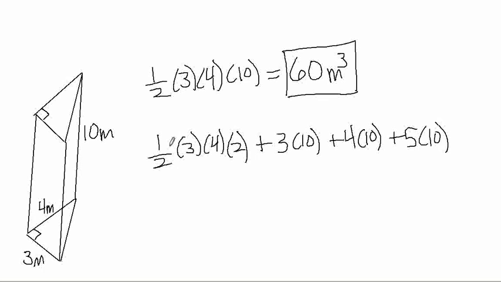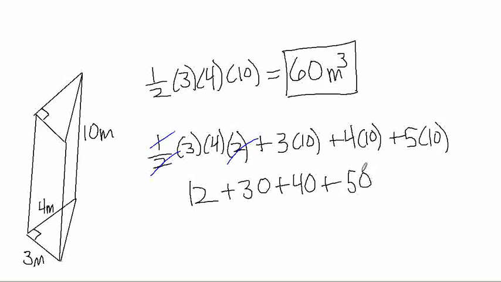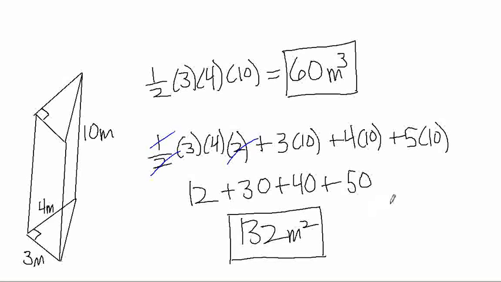So the first expression, the 1/2 and the 2 cancel. So I just have 12 plus 30 plus 40 plus 50. And let's see, that gives 132 square meters. All right?